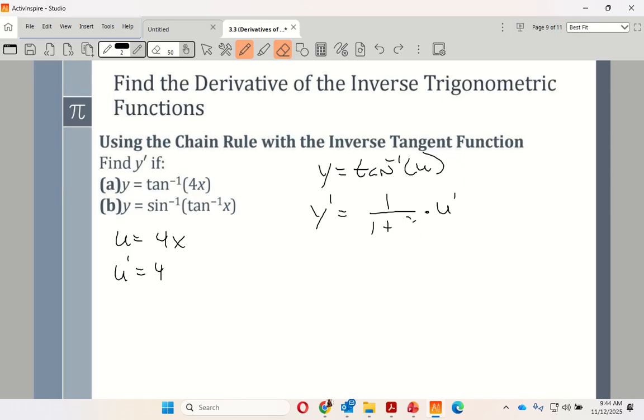Sorry. Then y prime is equal to 1 over 1 plus 16x squared times 4. So y prime is 4 over 1 plus 16x squared. Yep. Where the u would be arctan of x.